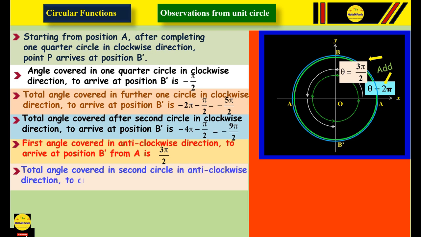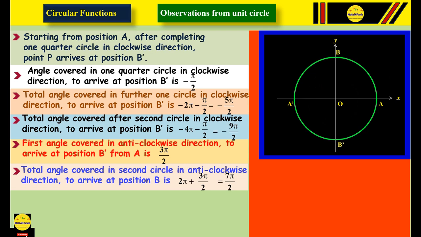Completing one circle in anti-clockwise direction means the angle is correspondingly 2 pi. So we add 2 pi to 3 pi by 2, and on simplification, I get the angle as 7 pi by 2. Okay, so by doing this, we allowed point P to move in anti-clockwise direction.